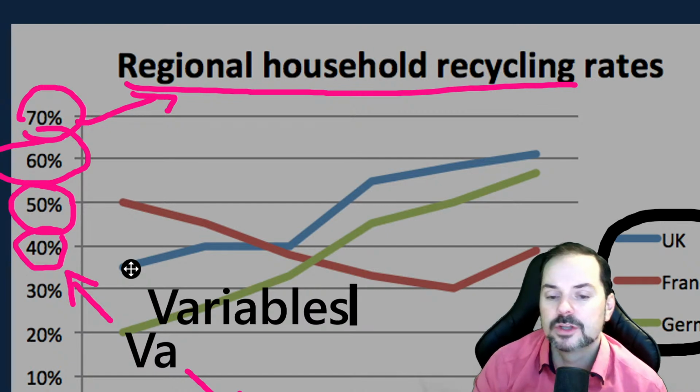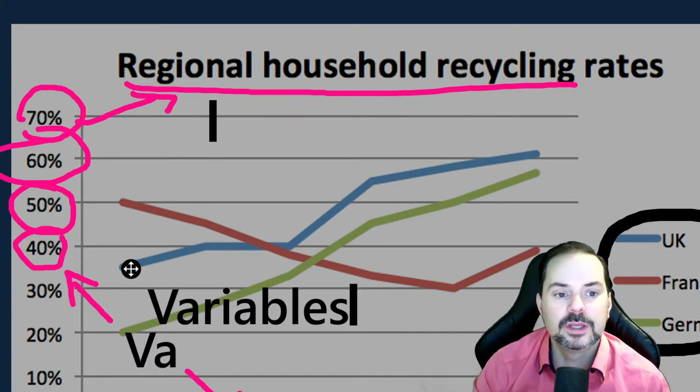So they're your variables. And UK, France, Germany is also, okay? The only difference between the regional household recycling rates and the years and the names of the countries here is these two here are called independent variables, and the countries are the dependent variables.